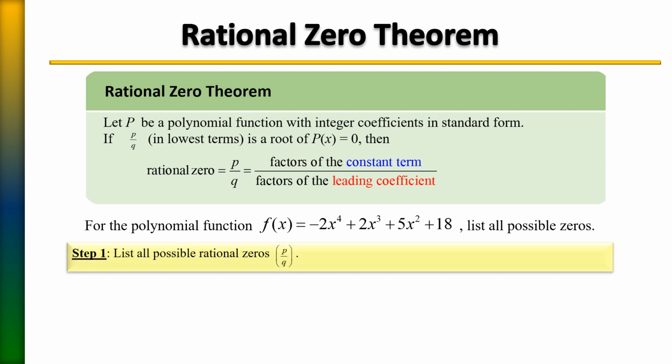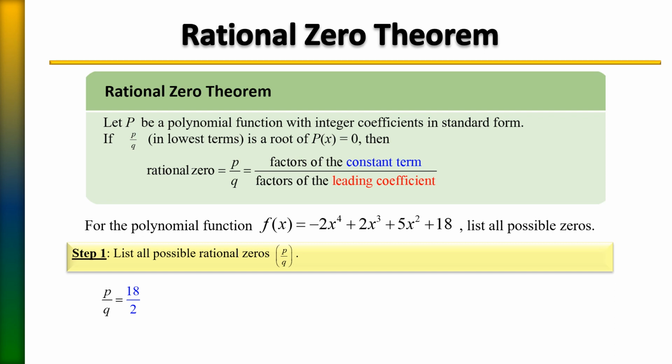Okay, so again, to list the possible rational zeros, we're going to use the p over q. And as I said before, p is going to be your back end term, and q, the bottom number, is going to be your front end coefficient, or your leading coefficient.